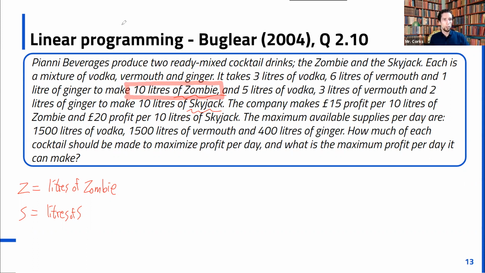So 10-liter units. Let me erase this and try that again. 10-liter units of the zombie drink, and then 10-liter units of the other one. Zombie. And then same thing for this other one.